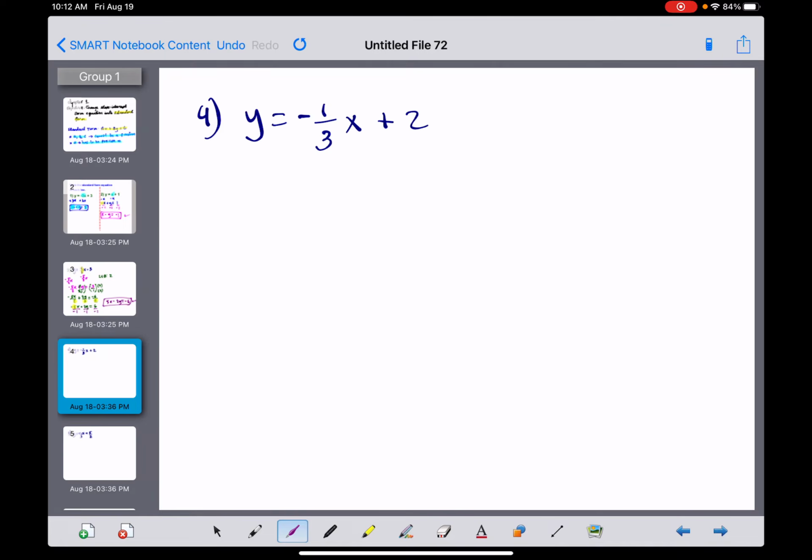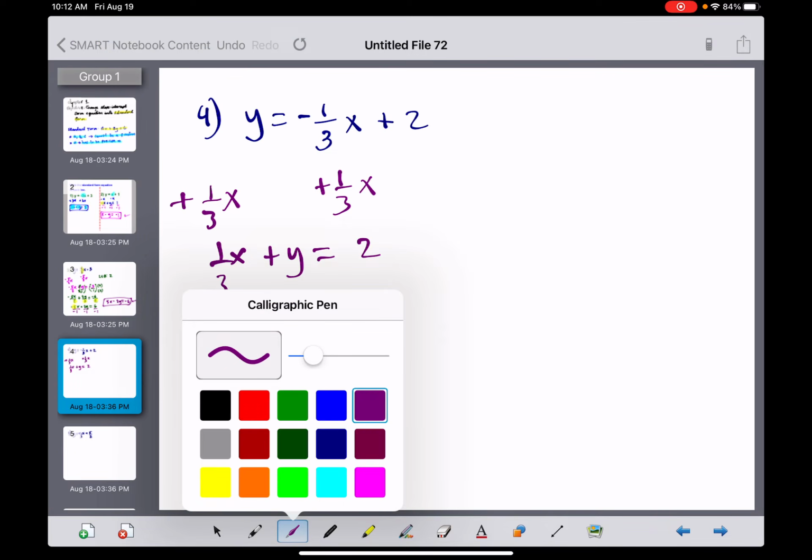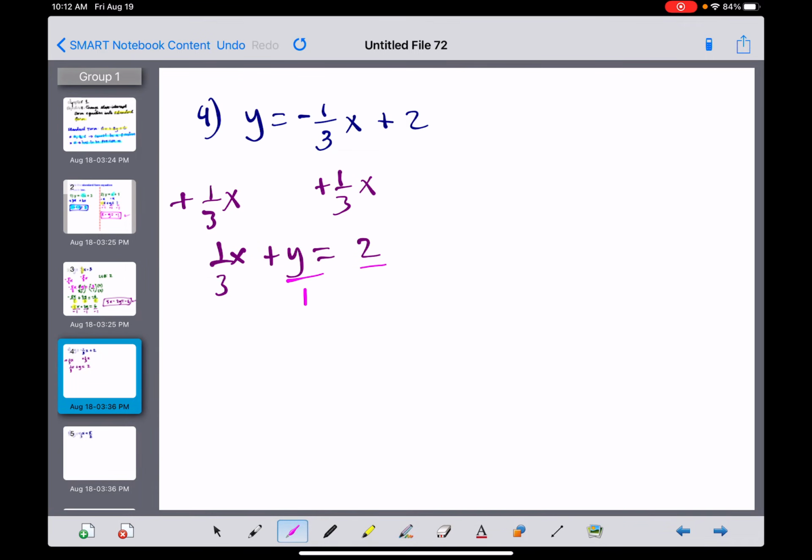In number 4 we have fractions again. I'm going to move the x to the other side, so I'm going to add 1/3 x. So I have 1/3 x plus y equals 2. I'm going to make everything into a fraction, and the LCD here is 3.